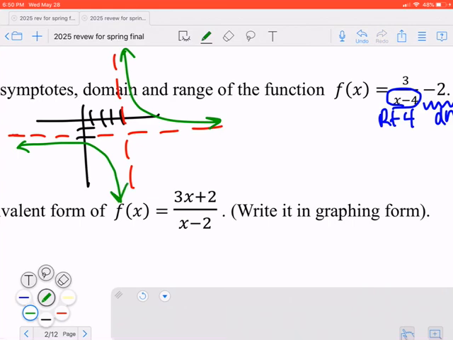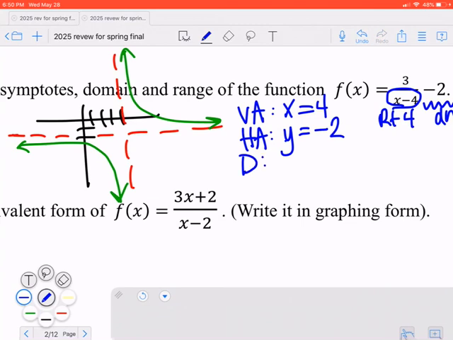All right, so asymptotes. The vertical asymptote is x equals 4. The horizontal asymptote is y equals -2. The domain: we're going forever to the left, but then it's stopping at our asymptote, which is at 4. Then it jumps over the asymptote and goes forever to the right.